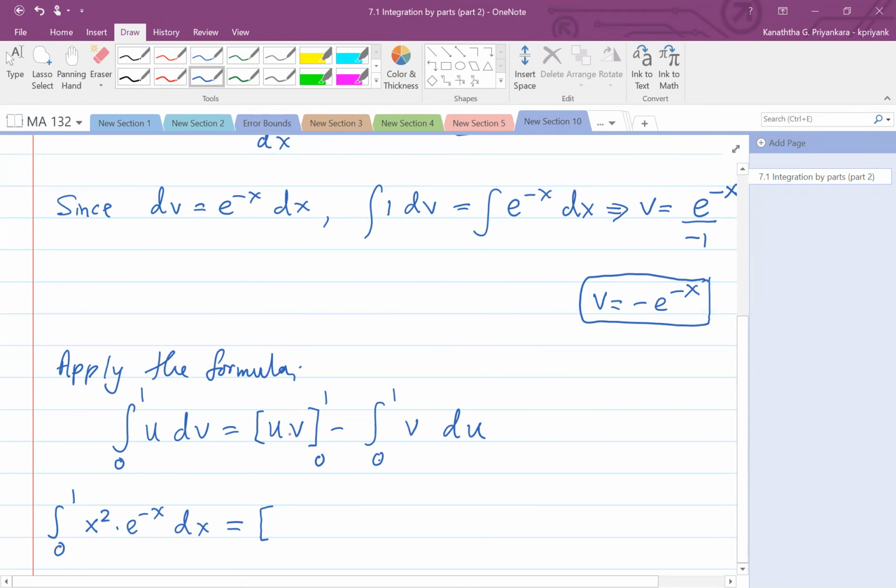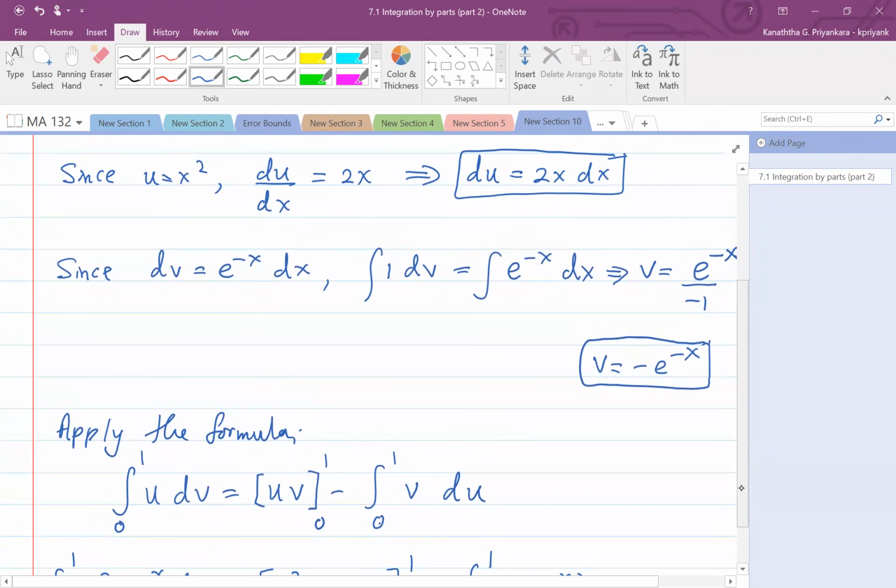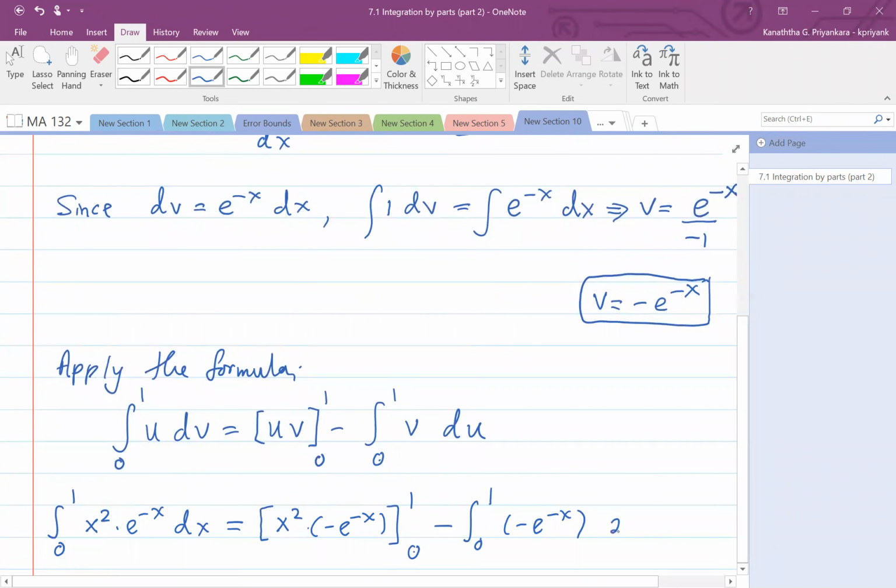We have u, which is x squared, times v, that is negative e to the power negative x, evaluated from 0 to 1, minus the integral from 0 to 1 of negative e to the power negative x, and du, which is 2x dx.